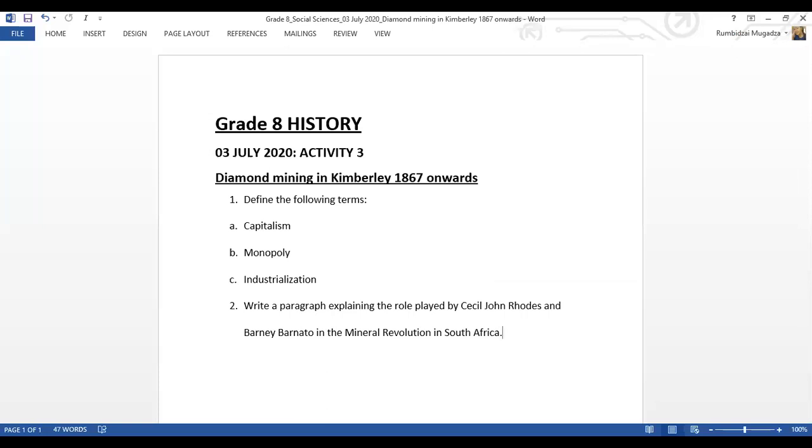Number 1, define the following terms: A, capitalism; B, monopoly; C, industrialization.